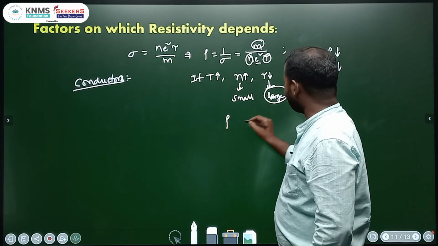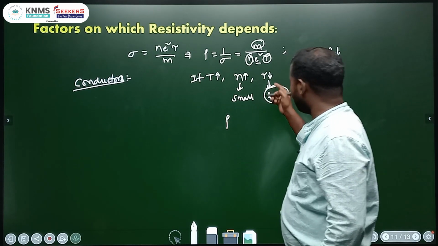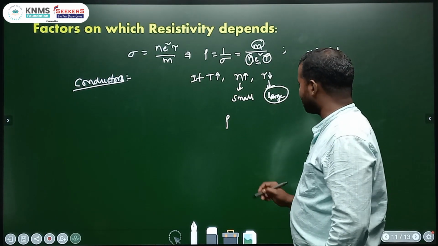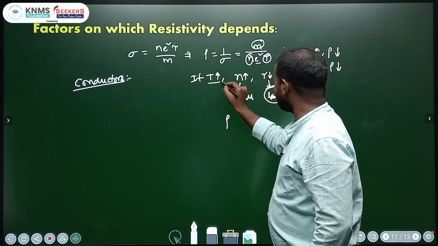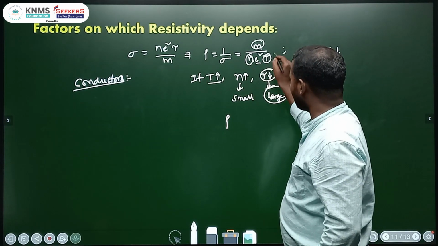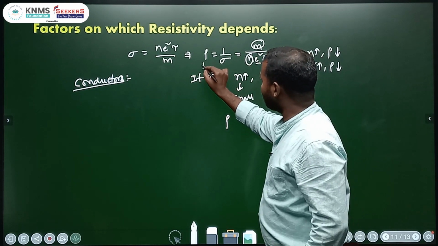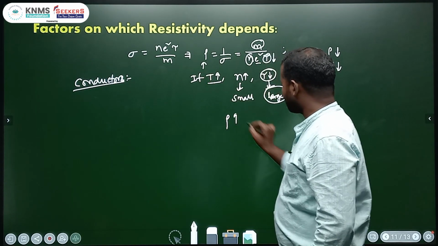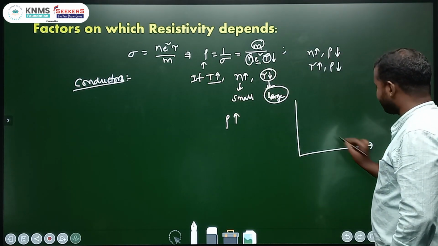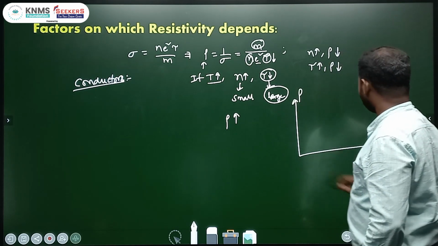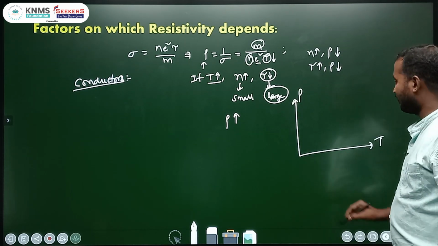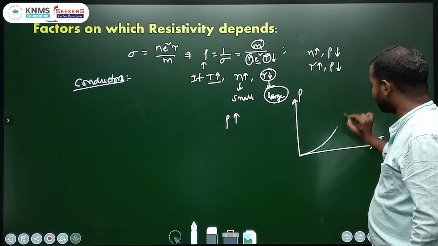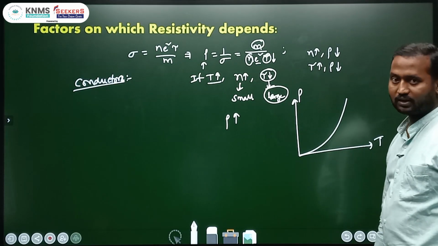Rho will depend on tau. When temperature increases, tau decreases, which means rho will increase. The resistivity as a function of temperature will increase like this. That's how you get the graph for conductors.